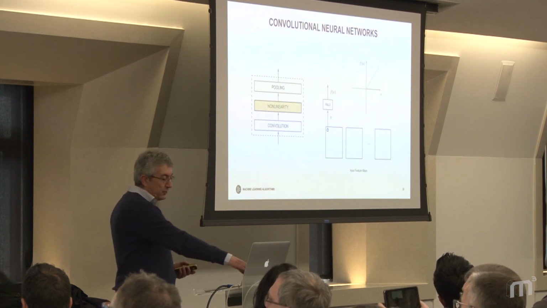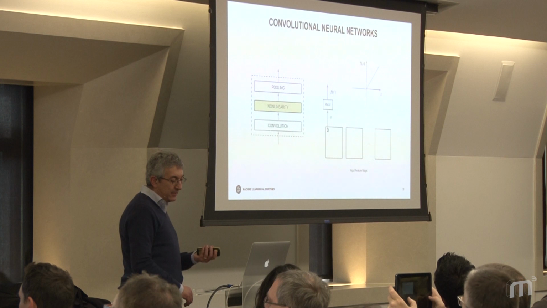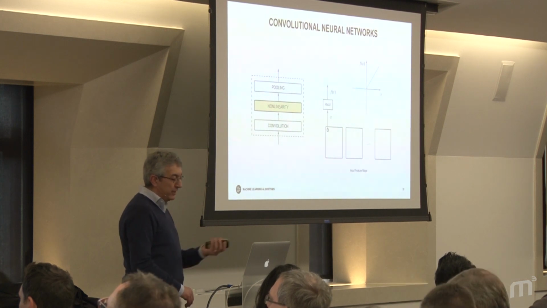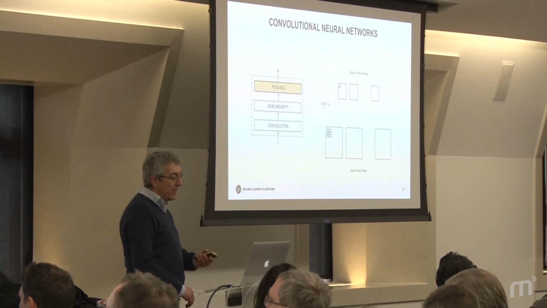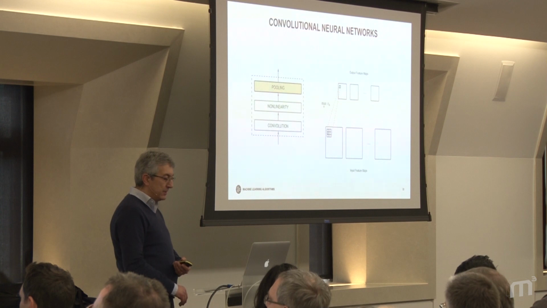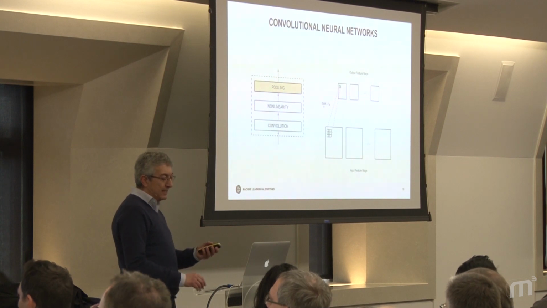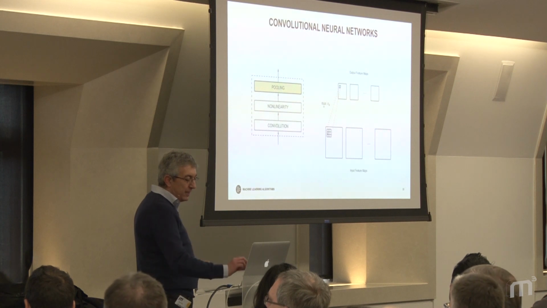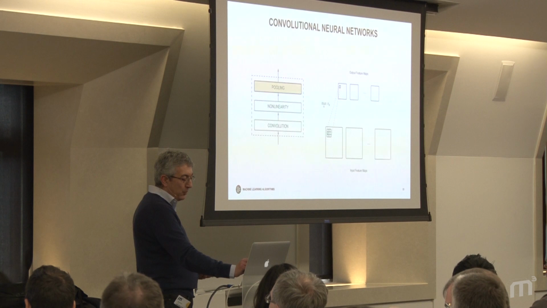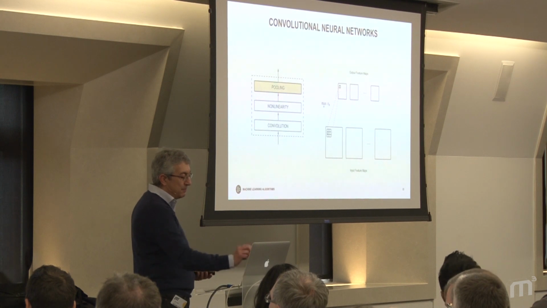And of course, after each of these operations, there is a nonlinearity, a rectified linear unit, like in the feed-forward networks, and then a pooling layer, which is typically max pooling in convolutional neural networks. What this pooling does is, out of a certain region, a certain field at the input of the pooling layer, for example with max pooling, detect the highest intensity of this field, and that's what is passed to the next layer.